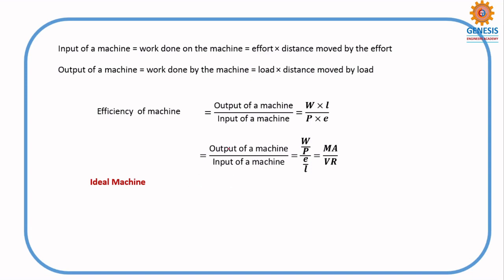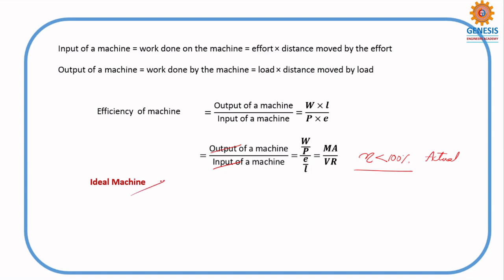In an actual machine, output is lesser than input, so the efficiency is less than 100%. We cannot eliminate the friction, so actual machines will not have 100% efficiency.